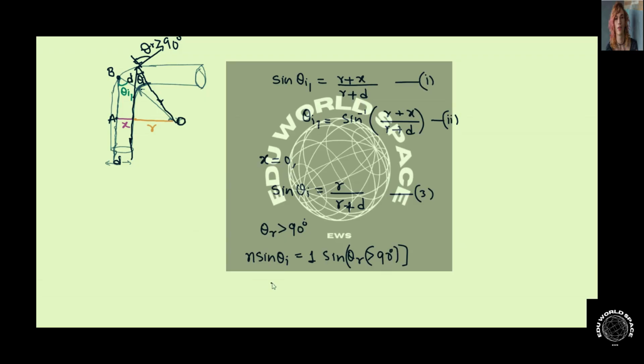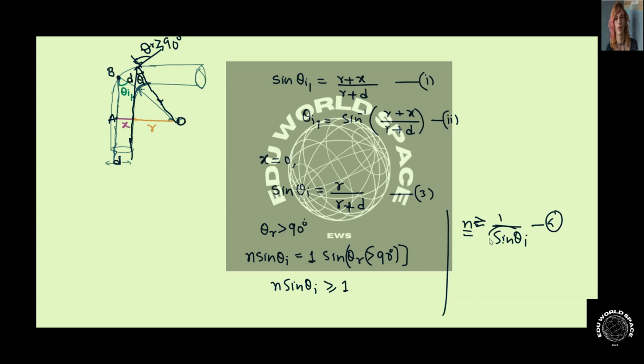Therefore I can write n sine of theta I should be greater than or equal to 1. So from this I get n is greater than or equal to 1 upon sine of theta I. Let's say this is equation number 4.